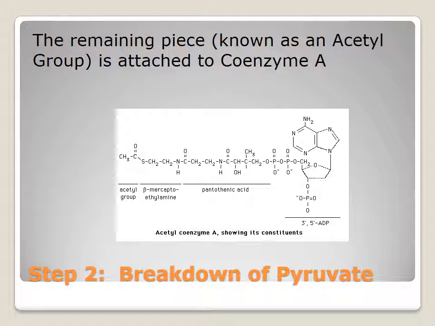So the smooth endoplasmic reticulum is where we've seen this before. The coenzyme A was previously used to attach the fatty acid tails to phospholipids. But here we're using it in a different context. Here we're attaching an acetyl group to this coenzyme group.